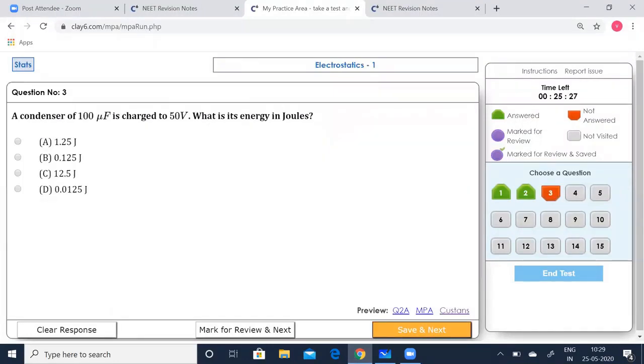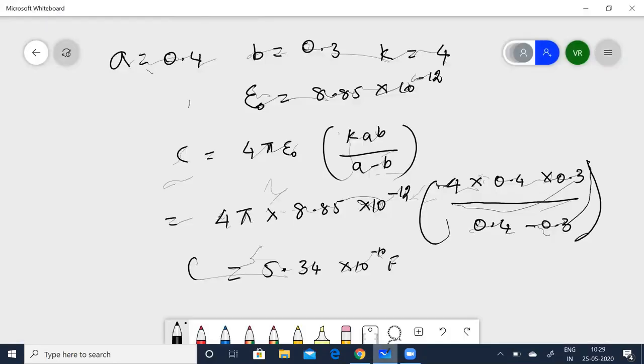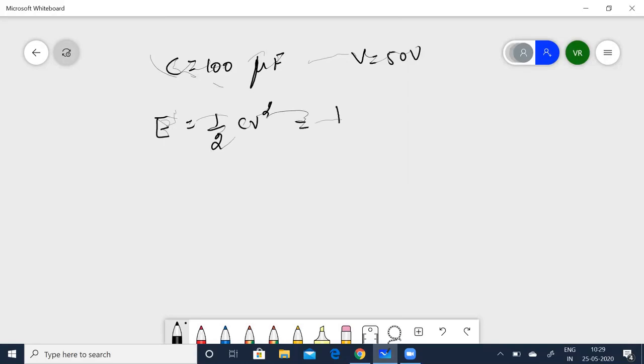A condenser of 100 microfarad is charged to 50 volts. What is its energy in joules? We all know that energy stored in a capacitor is given by half CV squared. So given C is equal to 100 microfarads and V is given as 50 volts, we can use the formula E is equal to half CV squared, which is equal to half into 100 into 50 times 50.